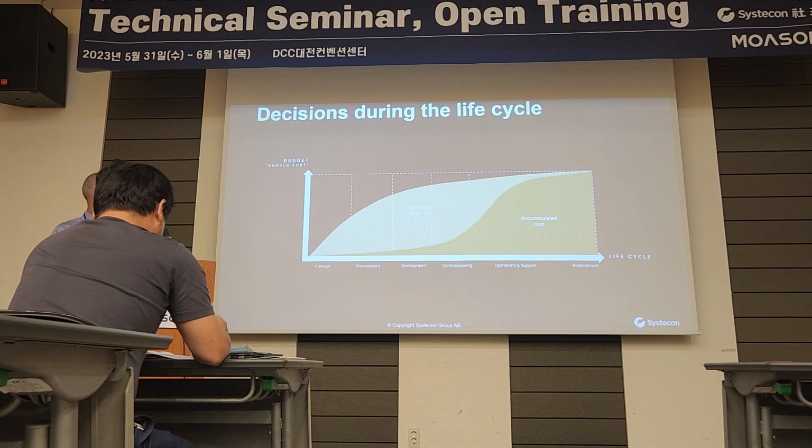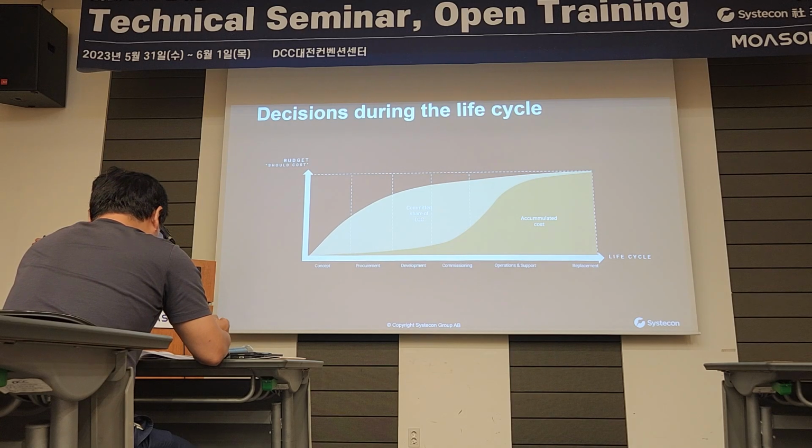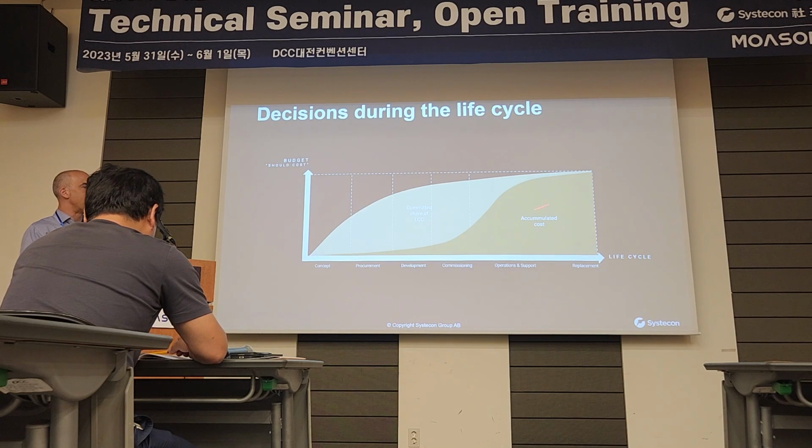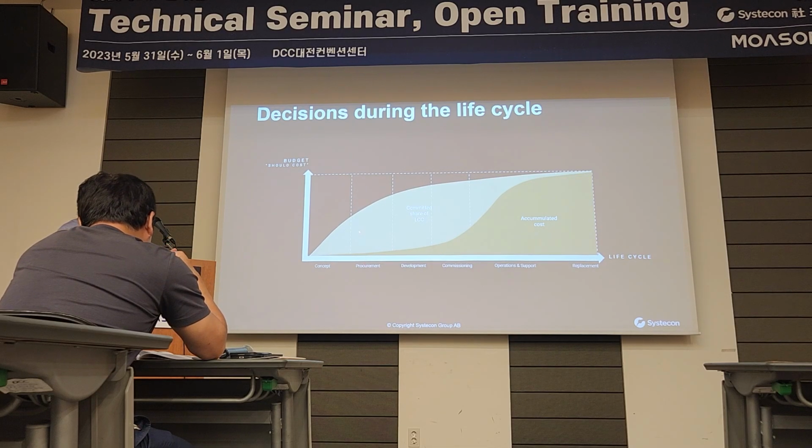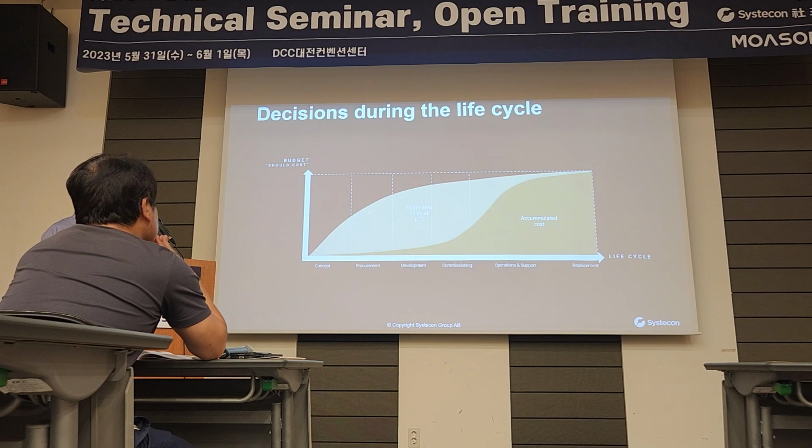But it is the decisions that you take early on in the phase that have a lot of impact on what you will pay later. So this curve shows the committed share of LCC. That means that decisions I take during the procurement and development phase will have direct impact on costs that will occur later on.